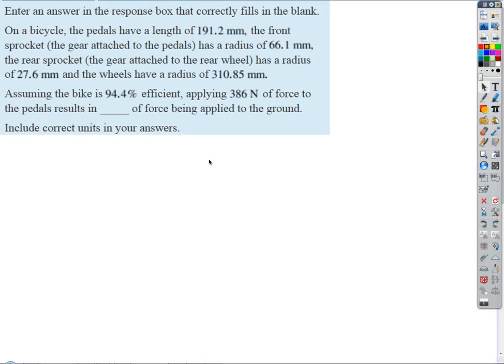So for our first simple machine, the theoretical mechanical advantage, let's call it TMA1, is going to equal 191.2 millimeters divided by 66.1, right?